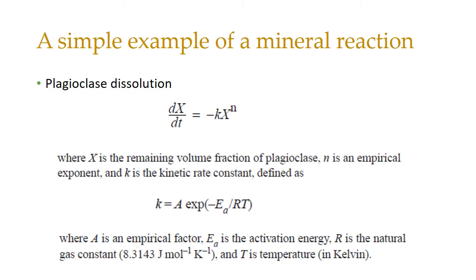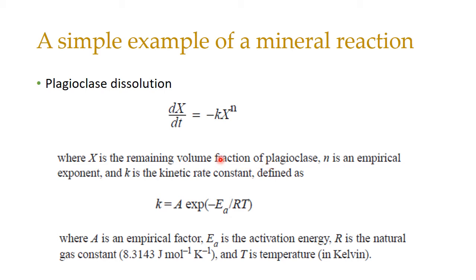All right, now I promised kinetics, and so I want to give you an example of a kinetic reaction. And this one is plagioclase dissolution. And you see here there's some kind of reaction rate. What's X? X is the remaining volume fraction of plagioclase. So it's how much there is.